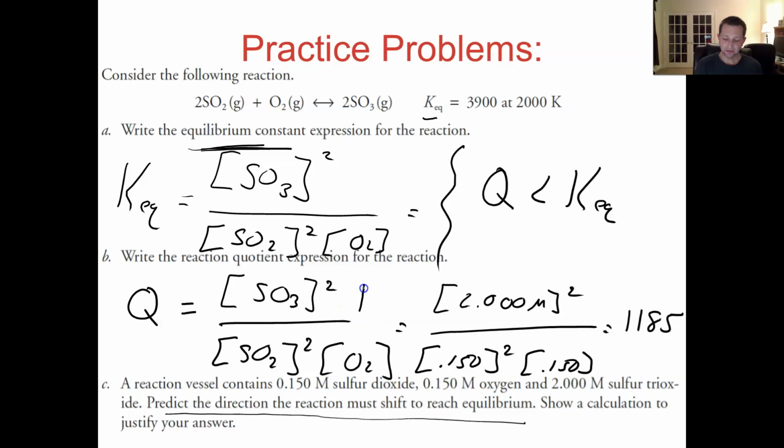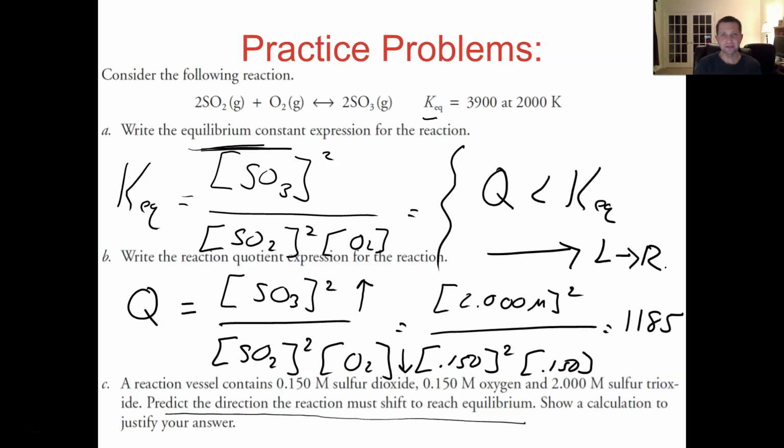So I need to increase my products and decrease my reactants in order to make this ratio Q larger. If I want to increase my product and decrease my reactant, then the reaction needs to shift in the forward direction, going left to right, to create more product and decrease the concentration of reactants.